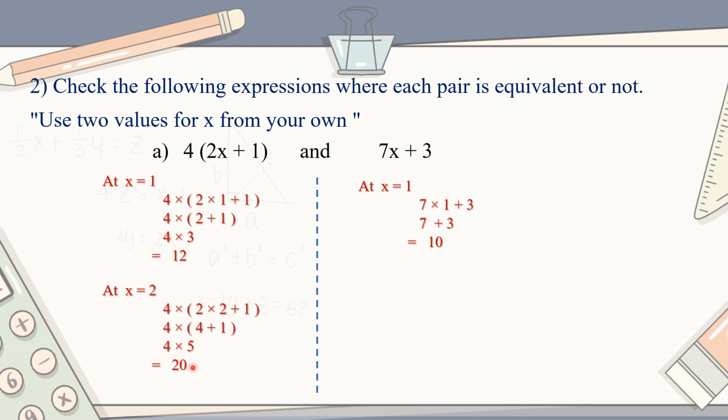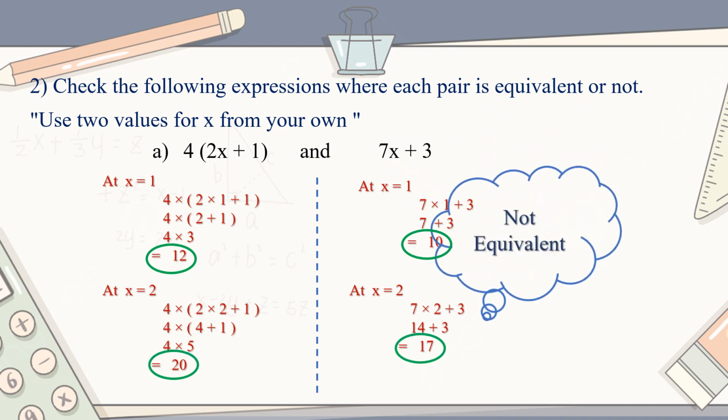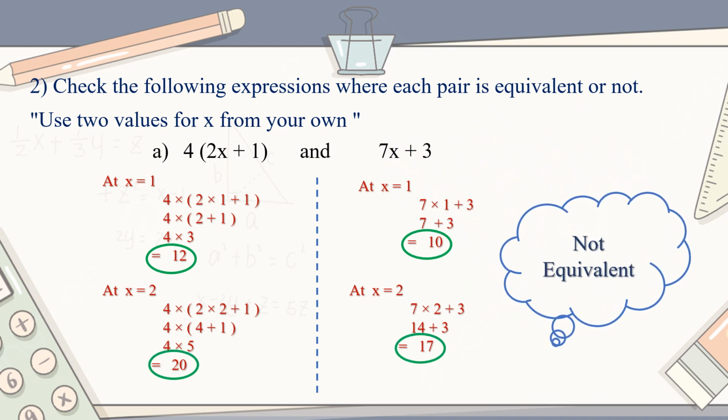If we substitute x equals 2 in the second expression, we get 7 times 2 plus 3, which is 14 plus 3 equals 17. We have different values here. So in the two substitutions, at x equals 1 and at x equals 2, we have different values, so the two expressions are not equivalent.